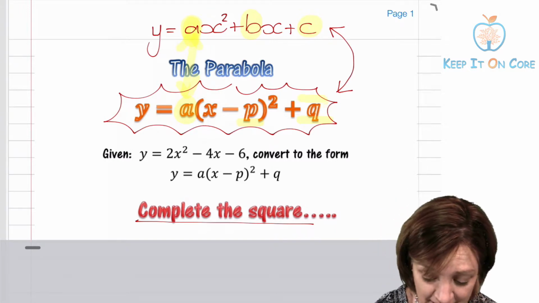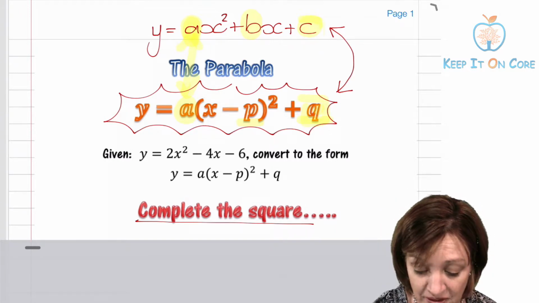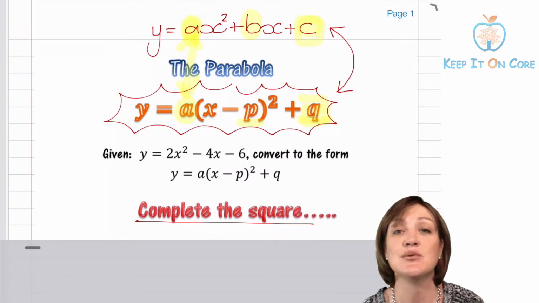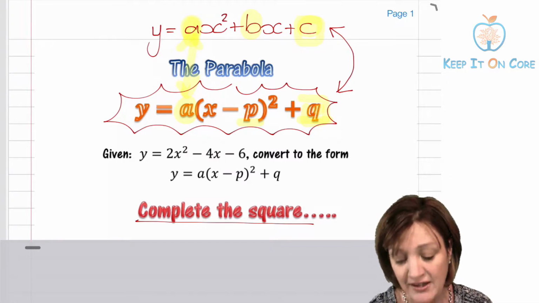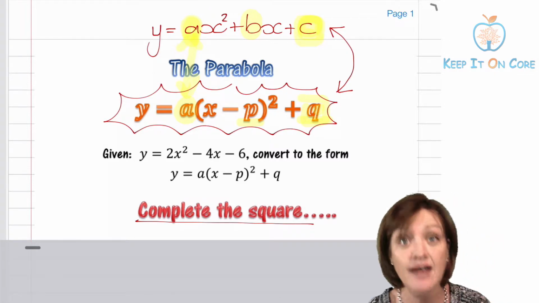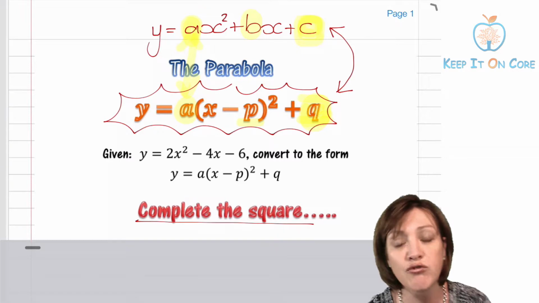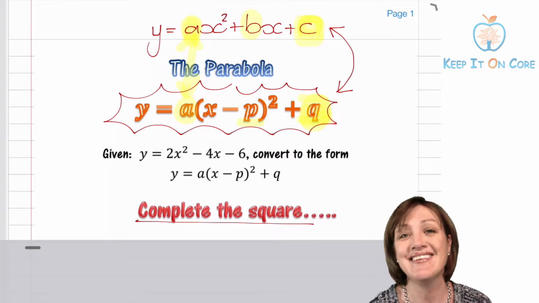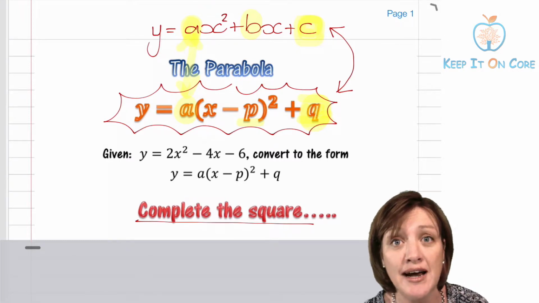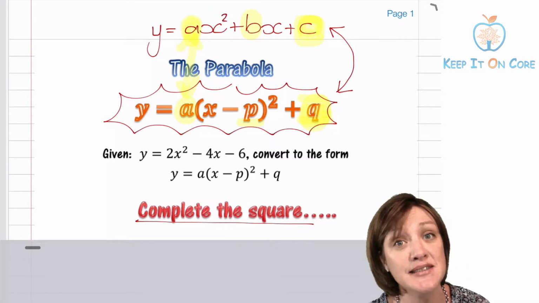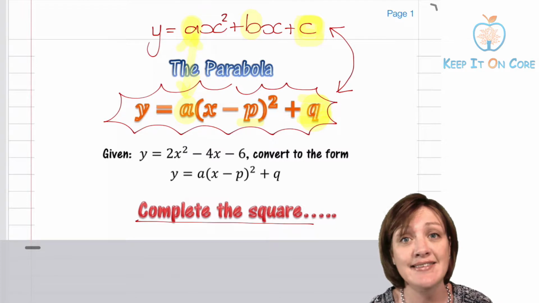So please don't make the mistake of thinking that the q represents your y-intercept. It does not. In your original equation, the c represents your y-intercept, but the q in this new format represents something else, and we're going to establish what that negative p and that q actually represent in this form.